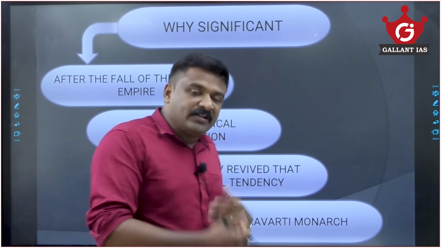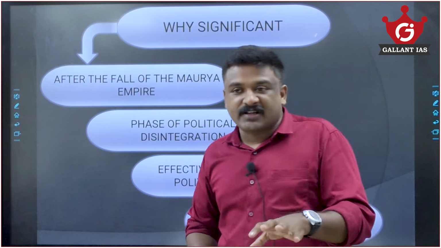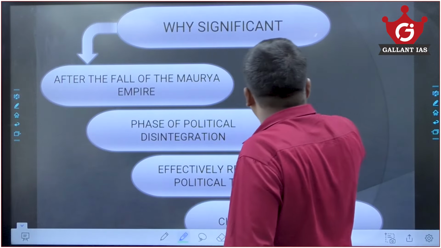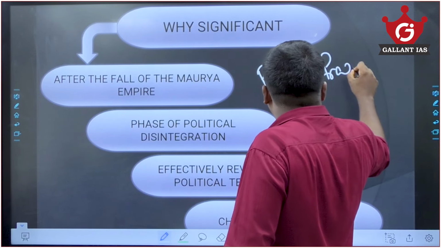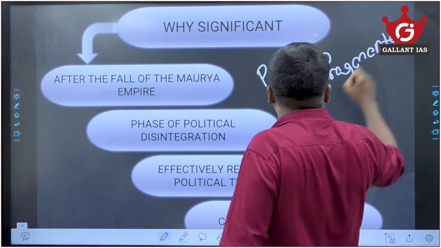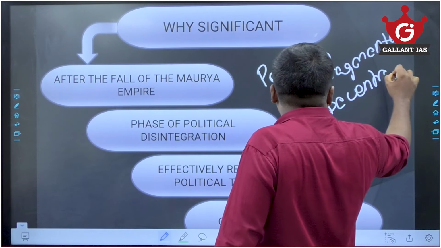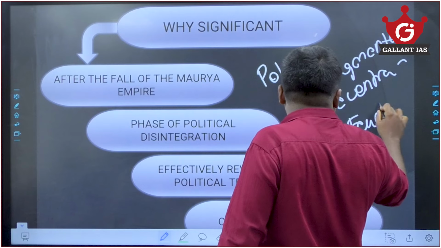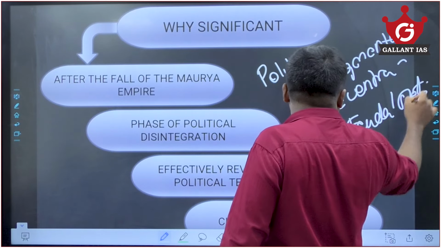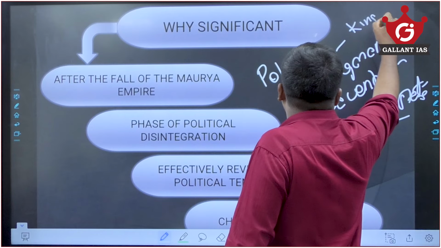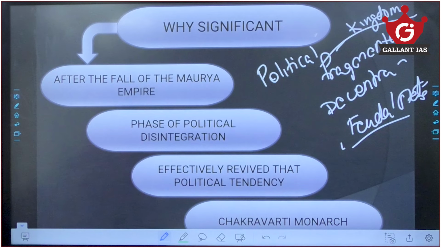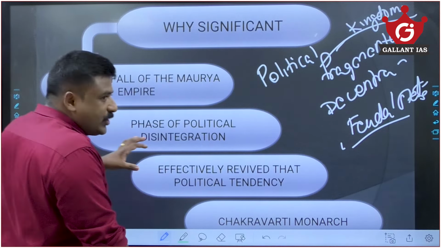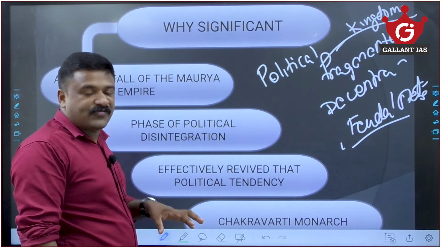You see that after the decline of the Mauryan Empire, across the Indian subcontinent we faced this political fragmentation, decentralization, then the rise of small feudal states or smaller kingdoms. So why is this Kalinga phase, Kharavela's phase, important?